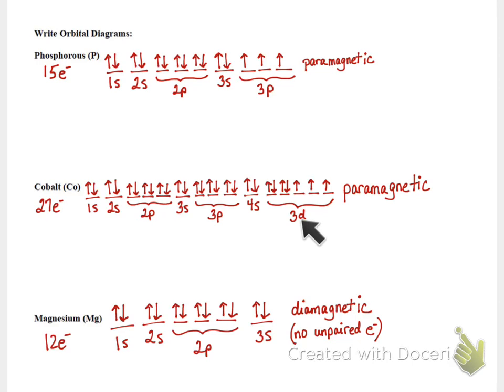Remember that the d has 5 orbitals in this sublevel, so it's got 1, 2, 3, 4, 5 going up, 2 more, so it has 2 that are paired, but because these ones are not paired, it is again paramagnetic. Magnesium has 12 electrons total. In the 3s orbital it has 3s2, so it has both of them paired, and therefore magnesium is diamagnetic. It has no unpaired electrons.